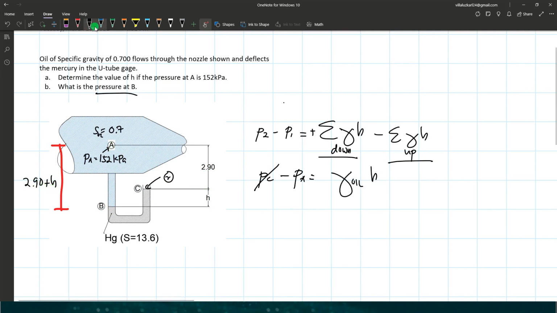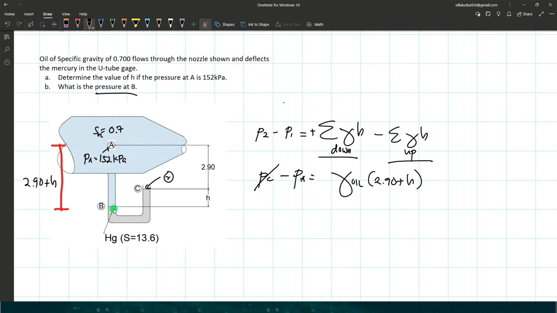That's 2.9 plus H. Then the next liquid to be considered is the mercury.